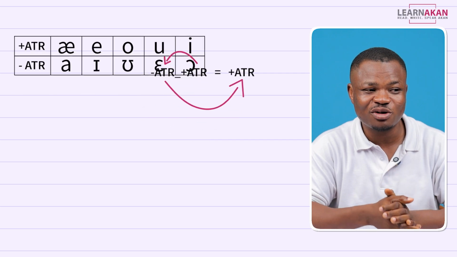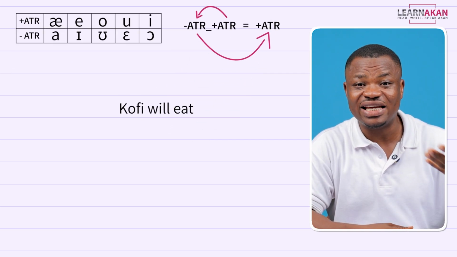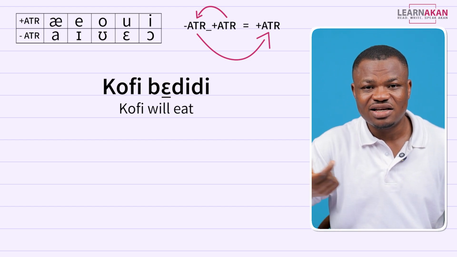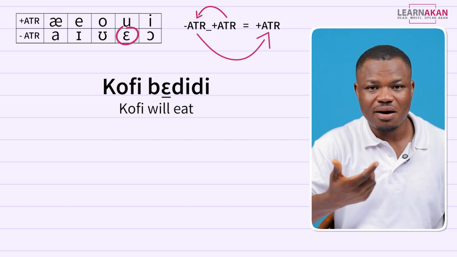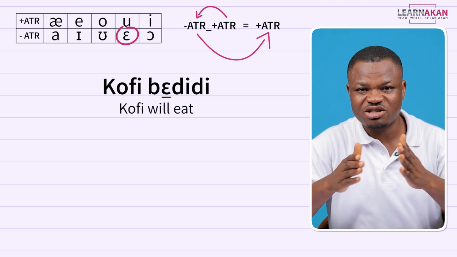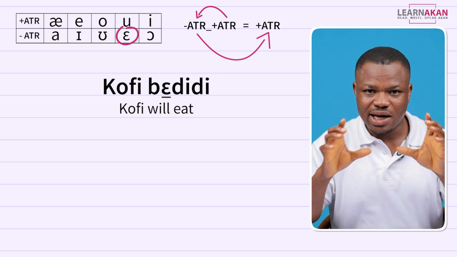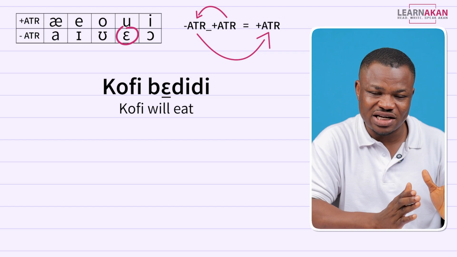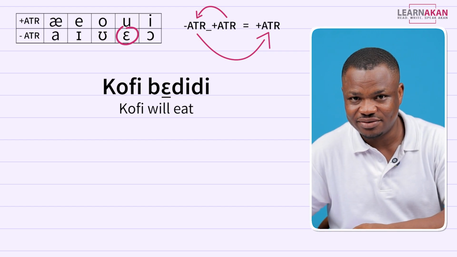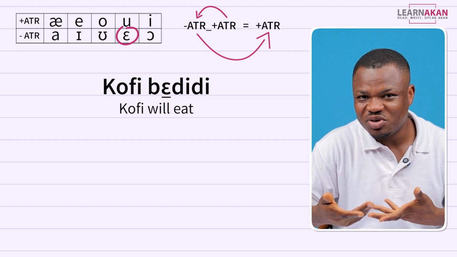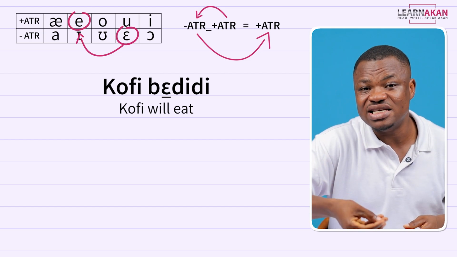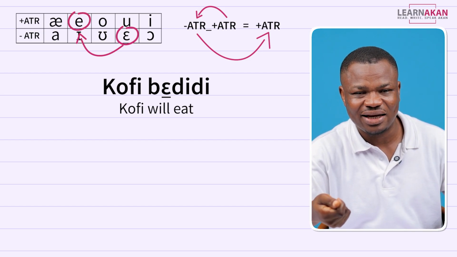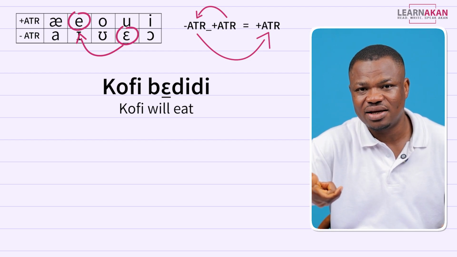So for example, if I want to say Kofi will eat, that should be Kofi be didi, right? Kofi be didi, and I'm splitting the be and the didi because I want you to hear how they sound individually, right? So there's be and then there's didi, right? But in natural speech, you hear Kofi be didi, Kofi be didi. So the be changes into be.